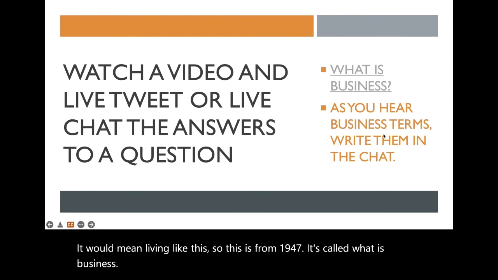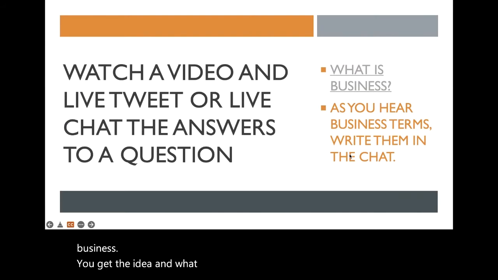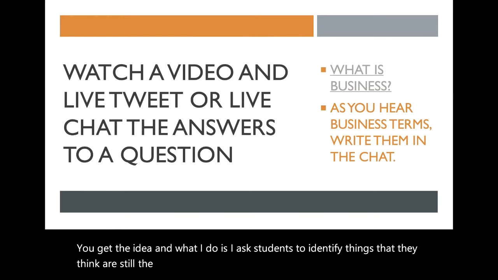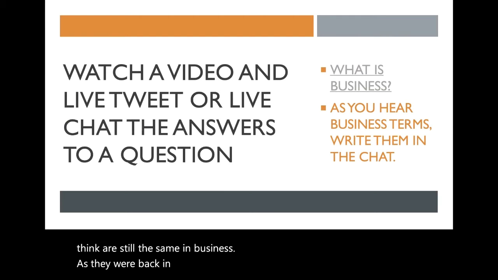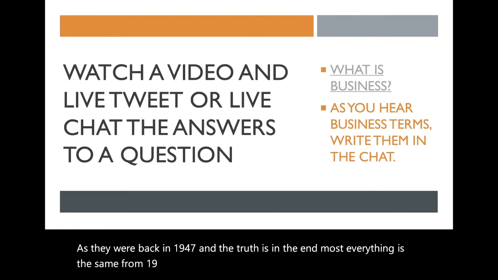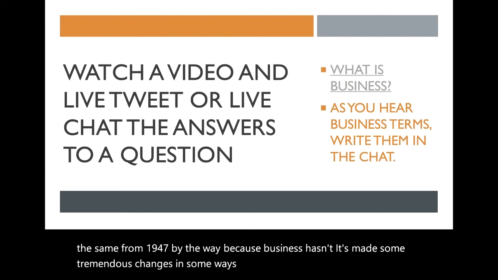You get the idea. And what I do is I ask students to identify things that they think are still the same in business as they were back in 1947. And the truth is, most everything is the same. Business has made some tremendous changes in some ways, but everything that existed in 1947 is still pretty much there.